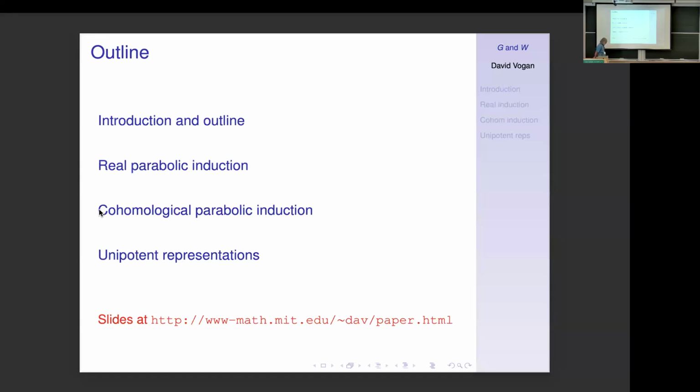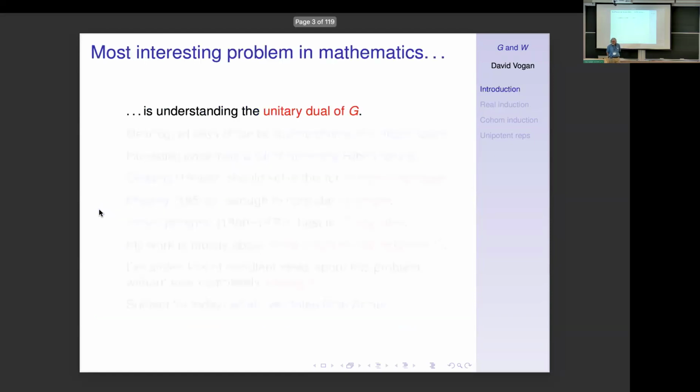I want to talk about making unitary representations of real groups, and the three big ways to do that: real parabolic induction, cohomological parabolic induction, and unipotent representations. So that's the topic.